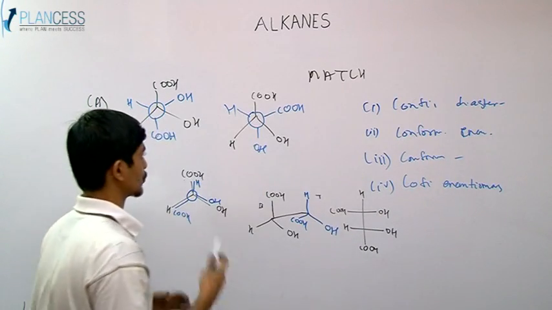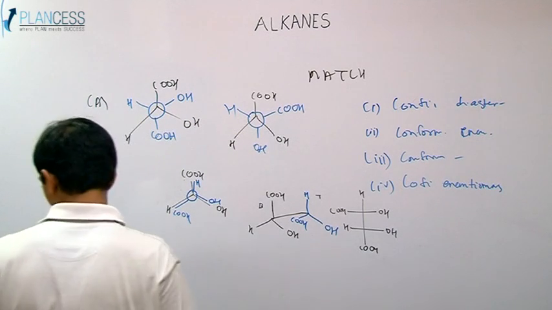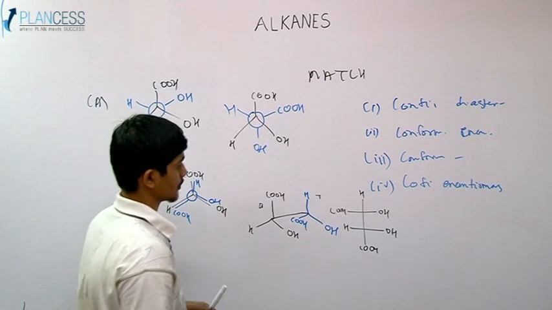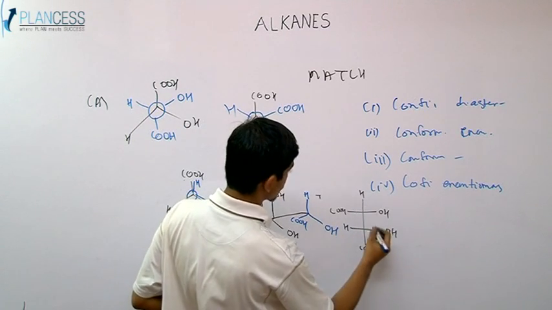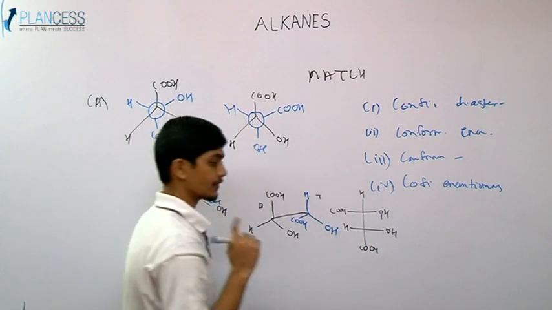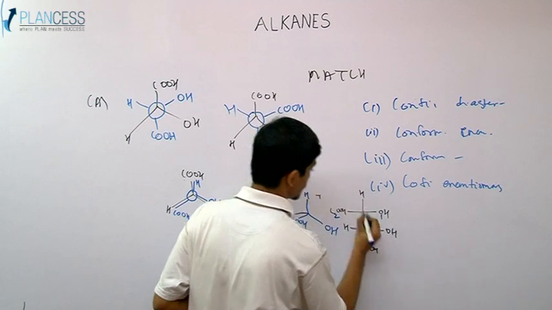Similarly, if you write down the Fischer projection for the other, let us find out the configuration for this Fischer projection. Now here the thing is, this lowest priority group is at the back. Who will get the first priority? This is the first, this is the second, this is the third.